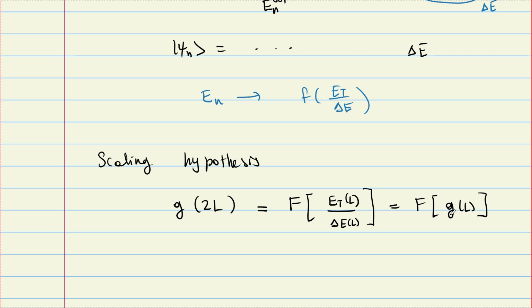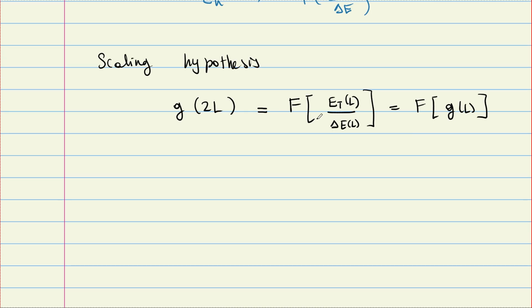That's the scaling hypothesis. And this means that if we know G of L at a given scale, we can know G at any other scale. Because if I can relate G of L to G of 2L, I can relate G of 2L to G of 4L and so on. And here this F is supposed to be a universal scaling function.